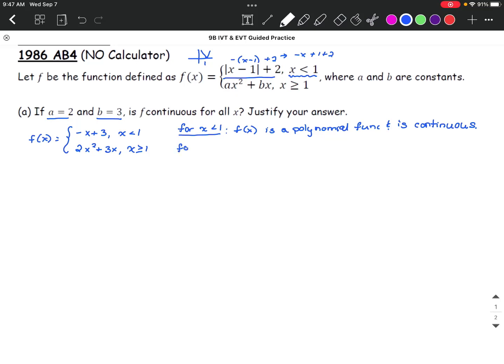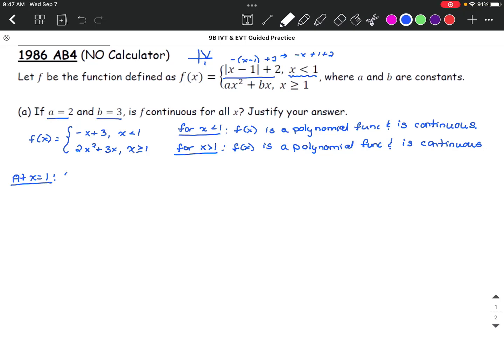If we look for the x's greater than 1, f of x is a quadratic, which is also a polynomial, and is also continuous. So the question is, do the two pieces meet when x is 1? So our possible problem area is x equals 1.